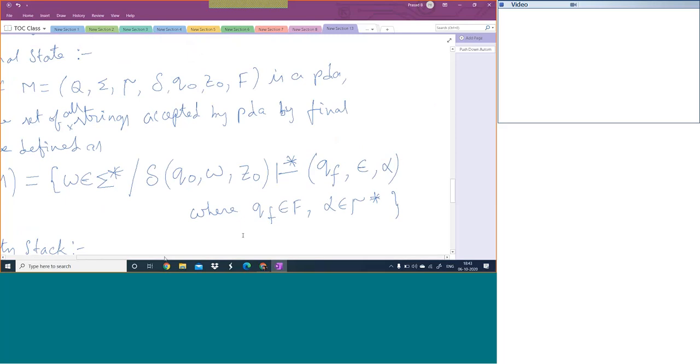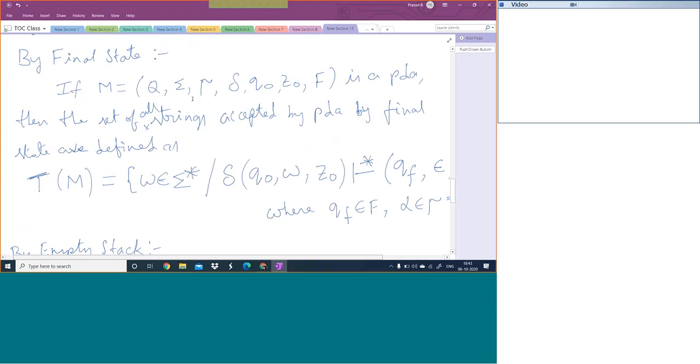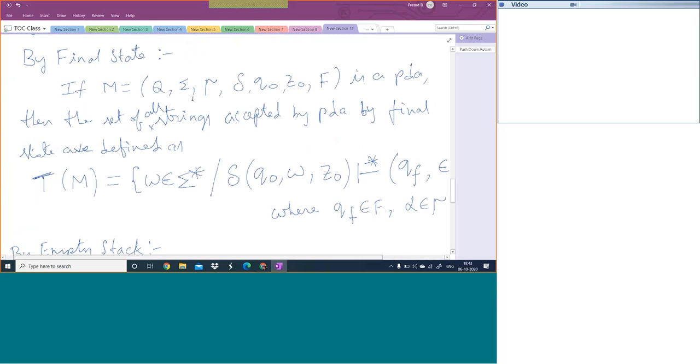By final state: if M equal to (Q, sigma, tau and so on) is a PDA, then the set of all strings accepted by the PDA by final state is defined as, copy this one.